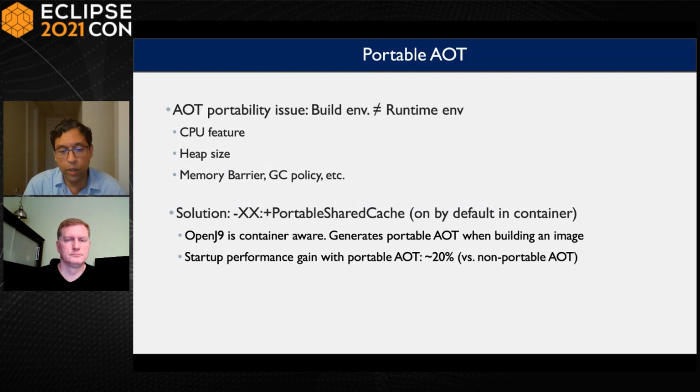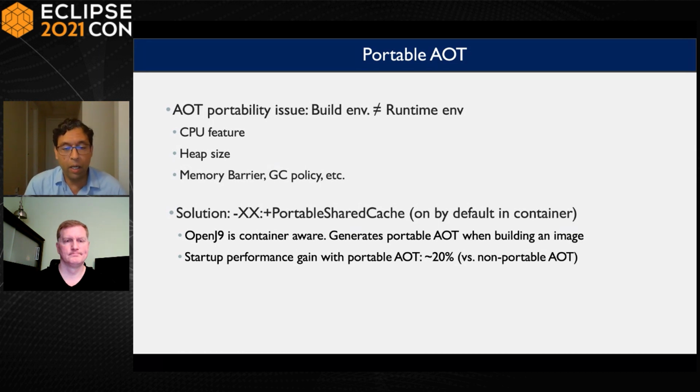Now it really matters where you're building your image and where you're running that image. So if you are, for example, building your image on a newer architecture version, and you're running that image on an older architecture version, you don't want to use newer instructions in the ahead of time compiled code, because that code, when it runs on the older architecture machine, could crash.